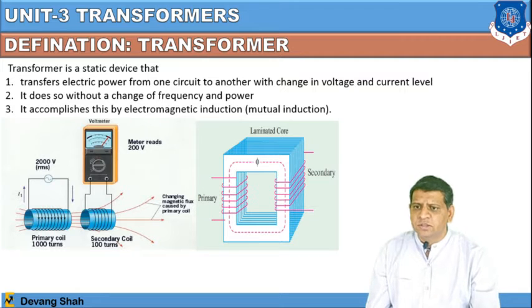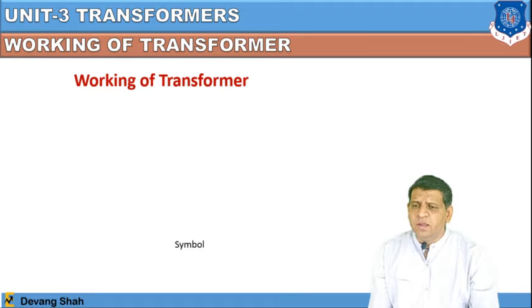So here, as I said, the generation of magnetic flux will link with the secondary winding. So this induced EMF we define as a mutually induced EMF. That is the basic principle behind the transformer. So here the transformer works on the principle of electromagnetic induction, and this is given by Faraday's law.